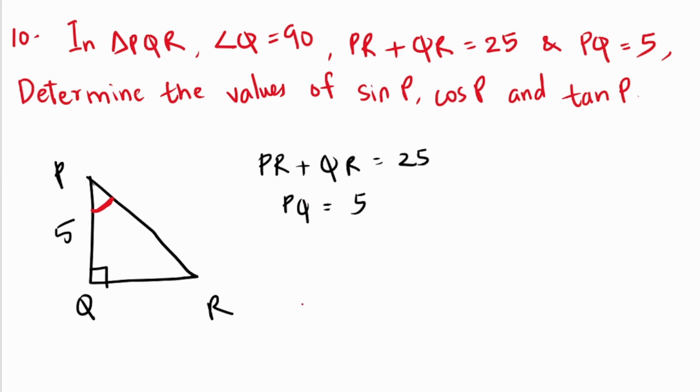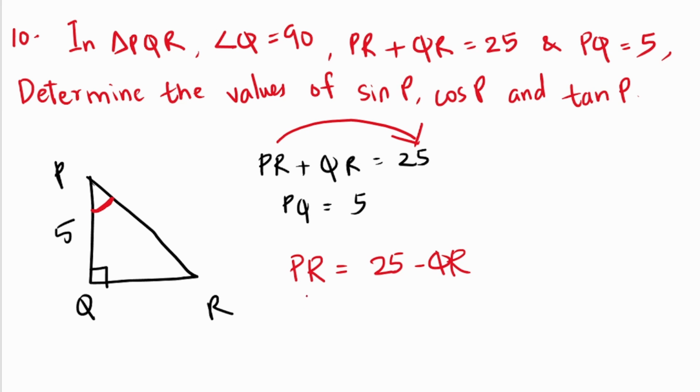So instead of PR, we can write it as 25 minus QR. We can write it in this way, right? 25 minus QR.